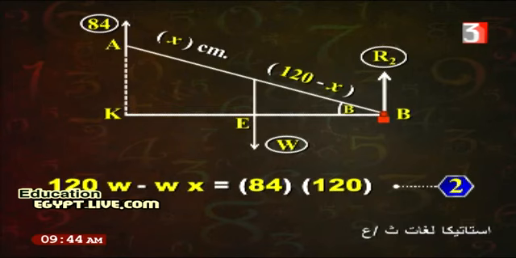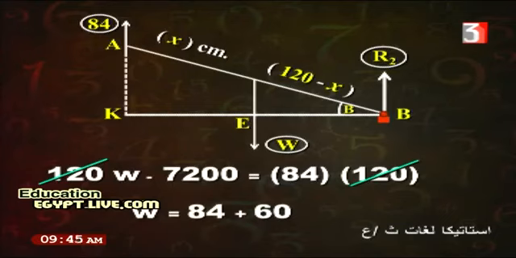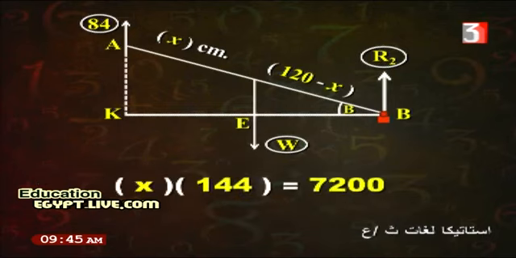Therefore, my dear student, look at the substitution. W equals what? Equals 84 plus 60. 84 plus 60 equals 144 Newton. Therefore, X times 144 equals 7,200.